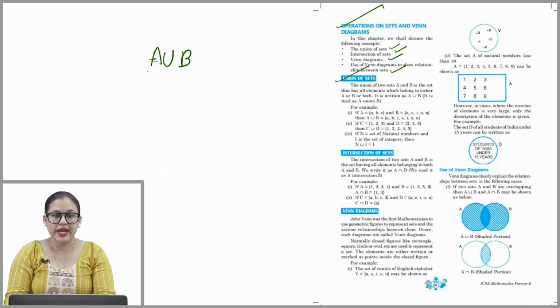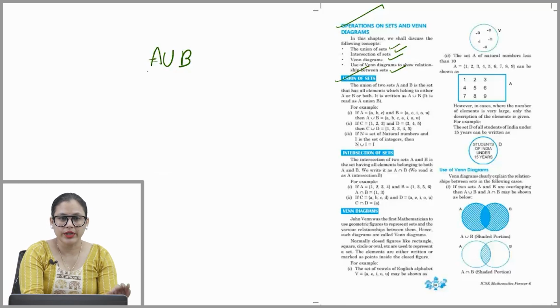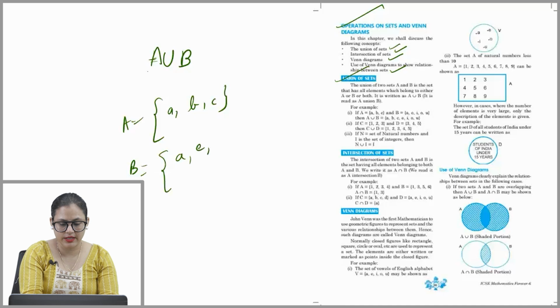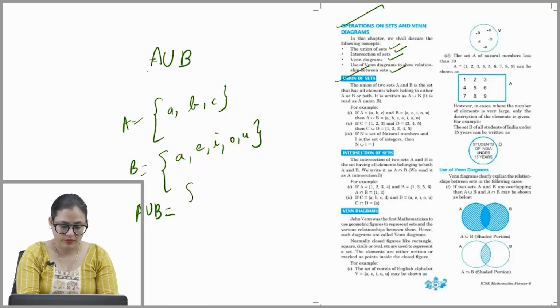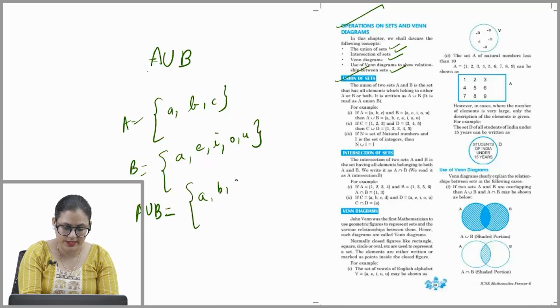For example, A is equal to a, b, c and B is equal to a, e, i, o, u, all the vowels. Now, A union B is what? A union B is a, b, c, e, i, o and u.